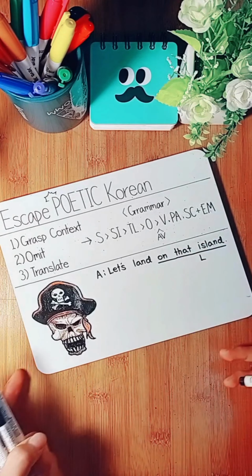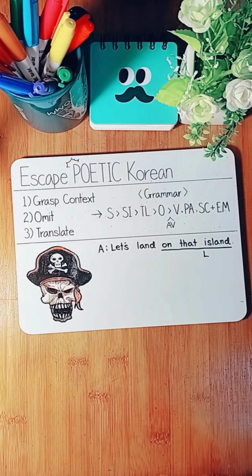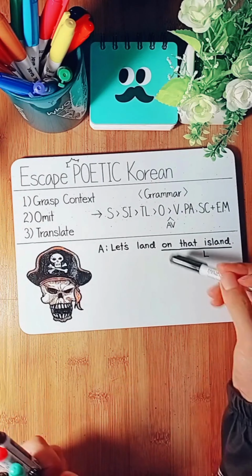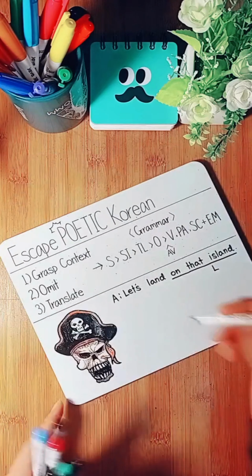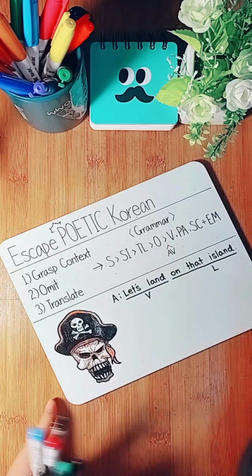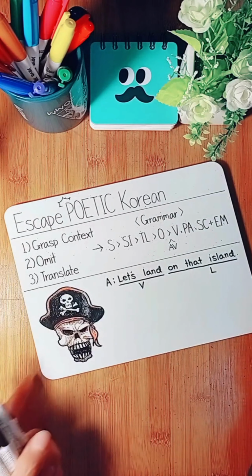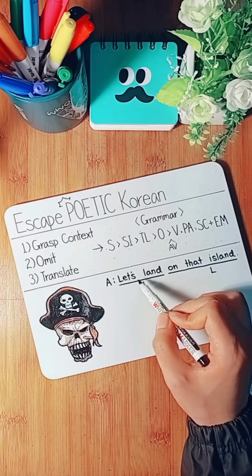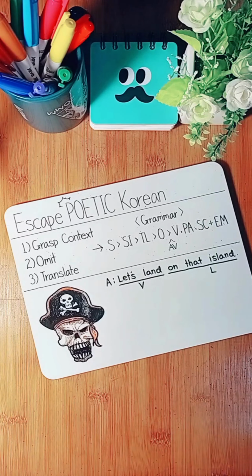So, we know how to say that island now, so let's start with that because we have location on that island, and now we have let's land as the verb because, yeah, I'm not going to actually place anything separate that is the equivalent of let's. It's going to be implied in the verb. We're going to figure out how to do it.